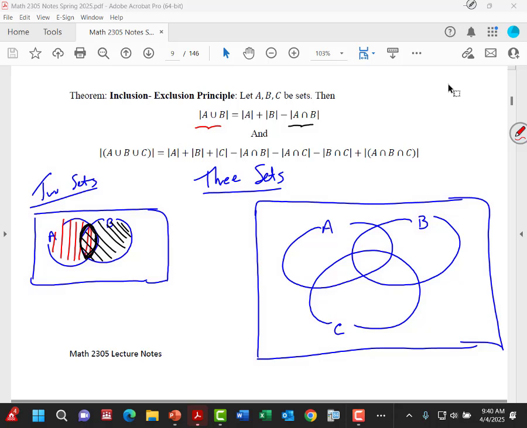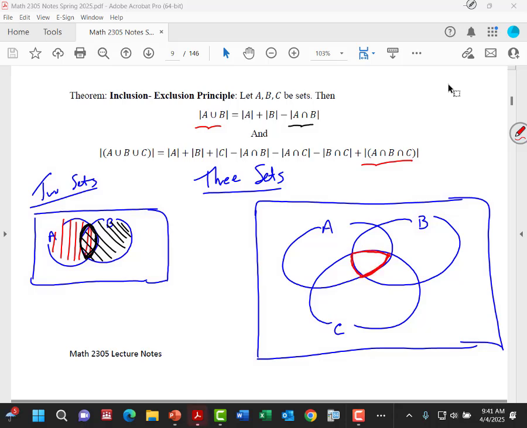So then I subtract out the intersection of A and B, subtract out the intersection of A and C, subtract out the intersection of B and C, and then lastly I add in this A and B and C. This is this triple intersection right here, the items that are in A and B and C.